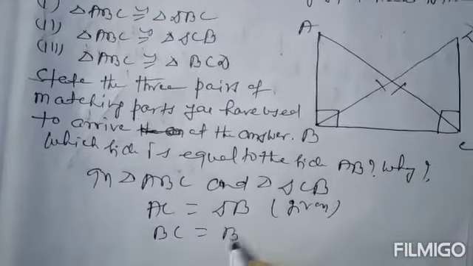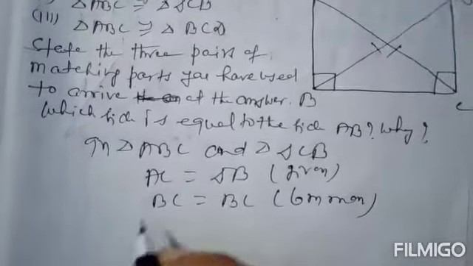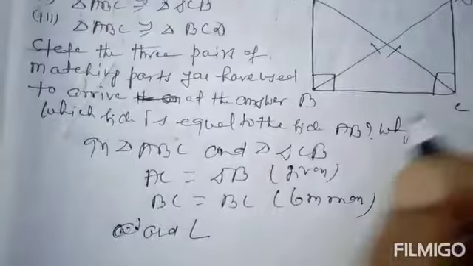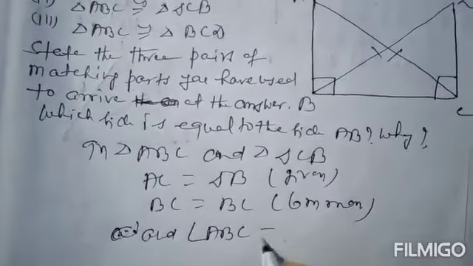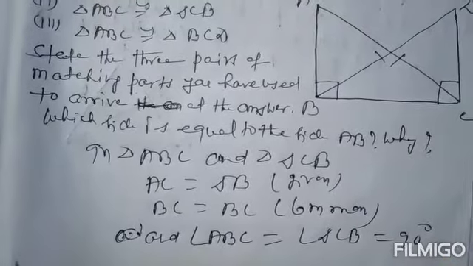BC is equal to BC, common. And angle ABC is equal to angle DCB, each 90 degrees.